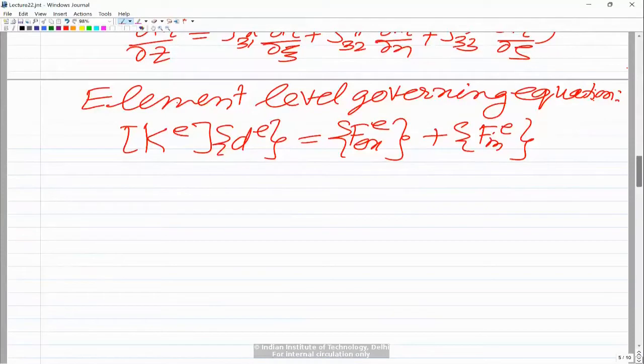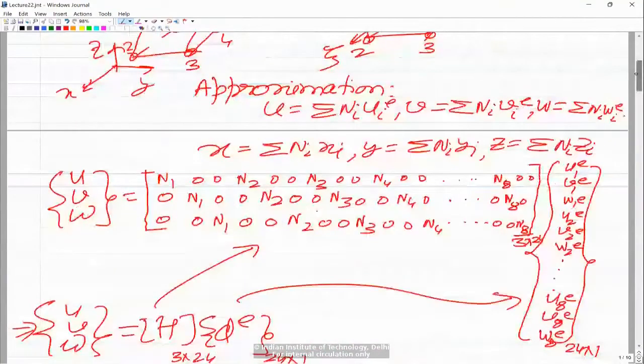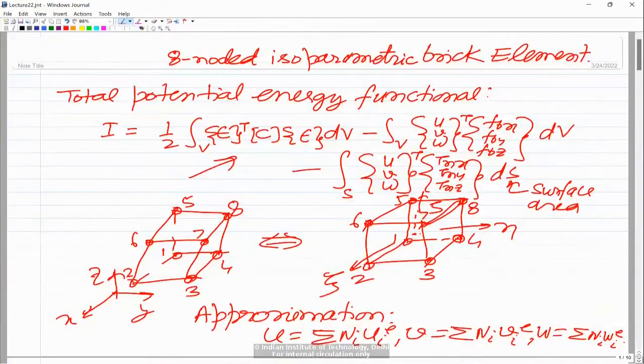Now if you look at Ke, it comes from this particular term in the potential energy. Epsilon you are going to write as B into D. So epsilon transpose would become D transpose B transpose C, and then epsilon is B into D. So D will be taken out. Then it's a volume integral. Volume integral dV means dx, dy, dz, and that integral is written in terms of natural coordinates.